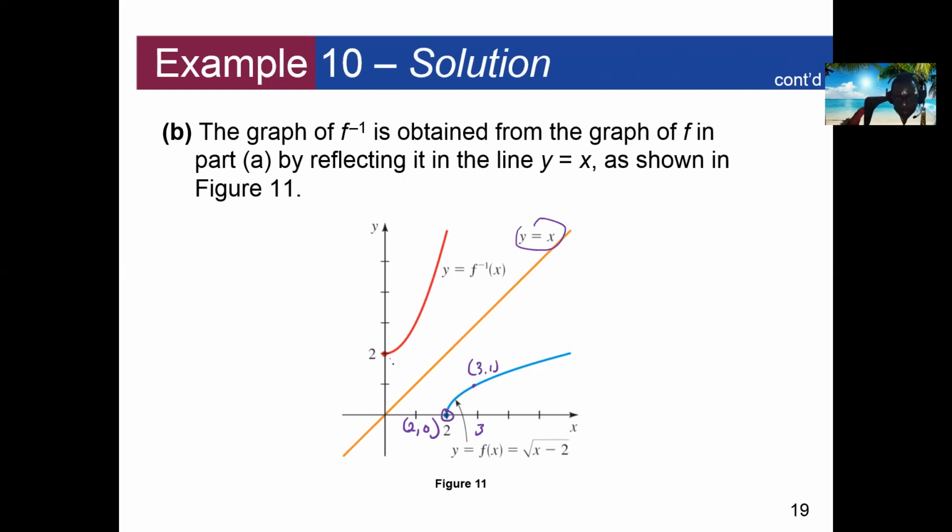So this becomes (0, 2), and this point becomes (1, 3). With that, we have the graph of the inverse function as shown.